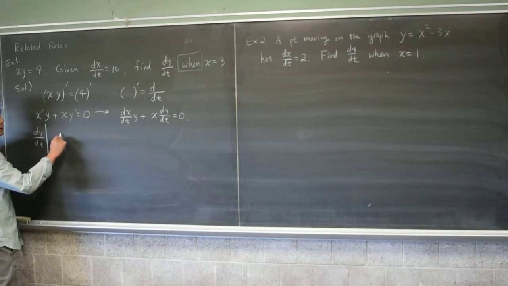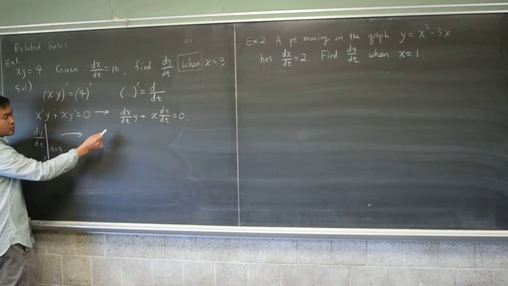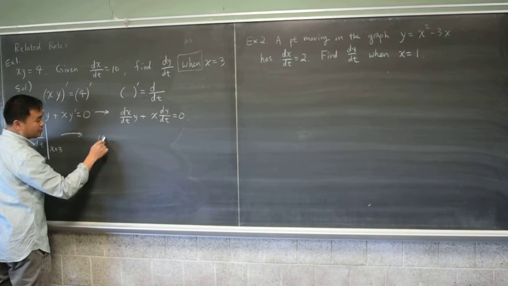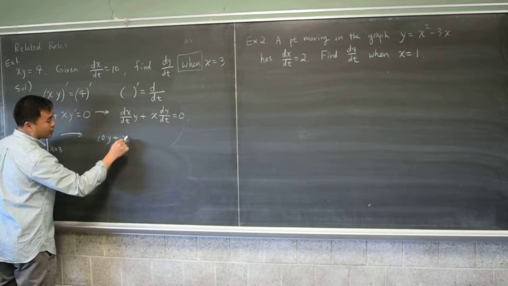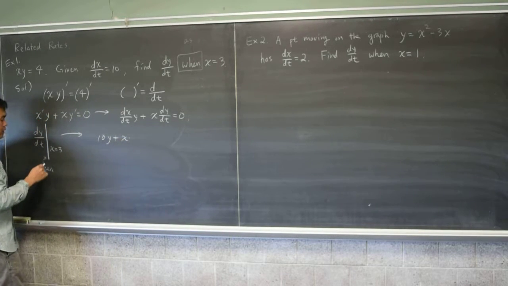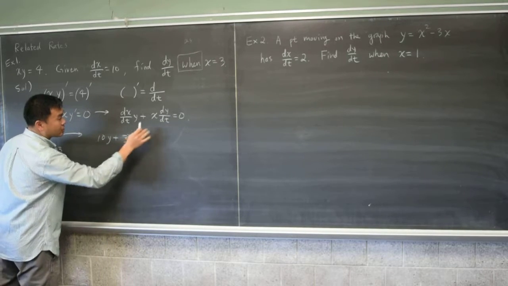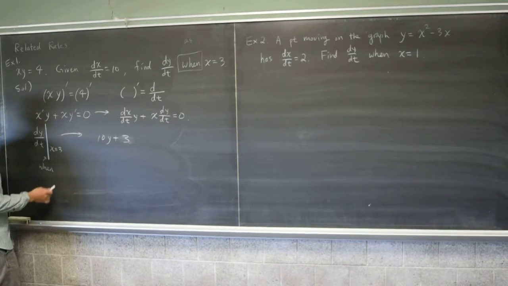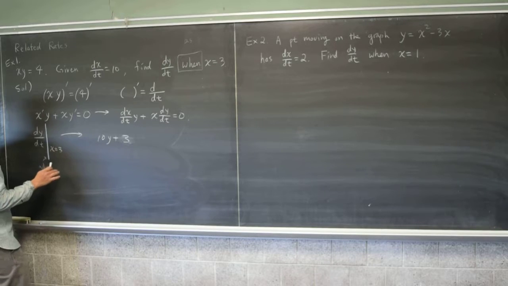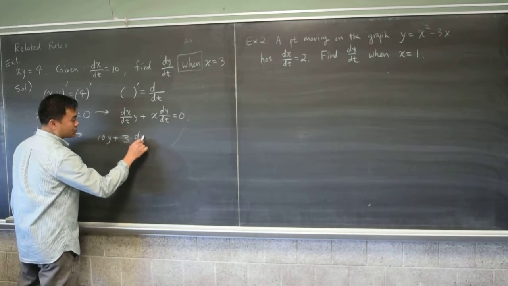So let's do that. Now, in order to get that, since dx/dt is 10, and x is 3. Now I can plug it in because it's differentiated. And then dy/dt is what we need to know.